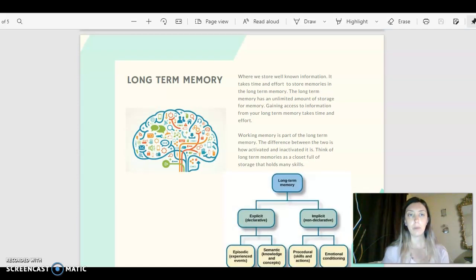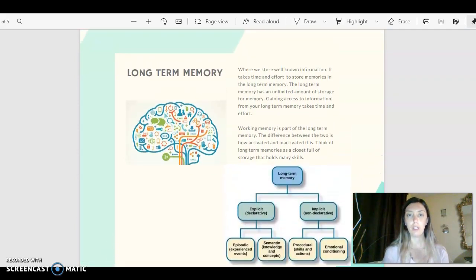And then this last page that I wrote is going to be on long-term memory. For this one, I added a picture of a bunch of different icons inside a brain, just showing how much our long-term memory stores. It's everything that we learn, and whatever we learned well gets stored into this part of our memory.